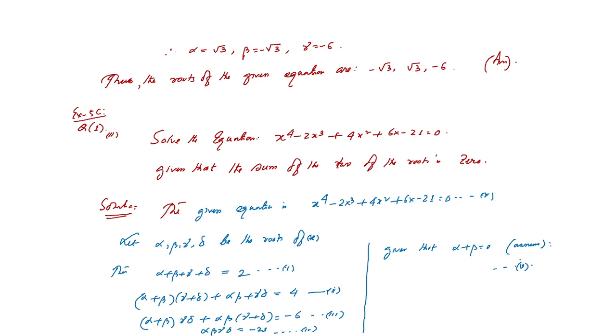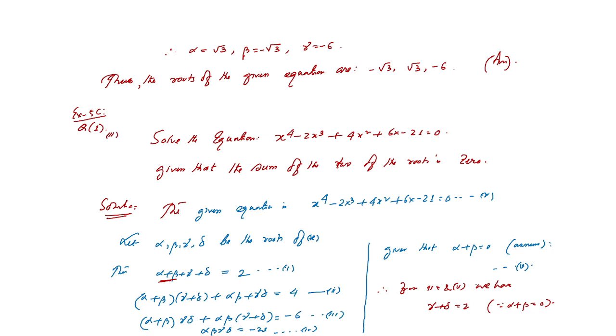Now from 1 and 5, what will we get? We will get the gamma plus delta value, because alpha plus beta here is 0. So from 1 and 5 we have gamma plus delta equals 2, because alpha plus beta equals 0.